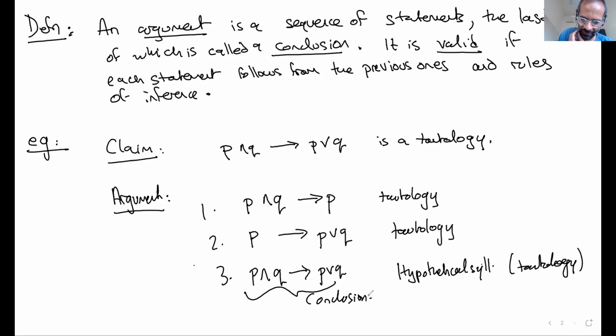And I should say an argument often starts by assuming a collection of statements which are called premises. So in this case, there are no premises. Everything is a tautology. Okay. Let's do a more interesting example. This one was kind of basic.